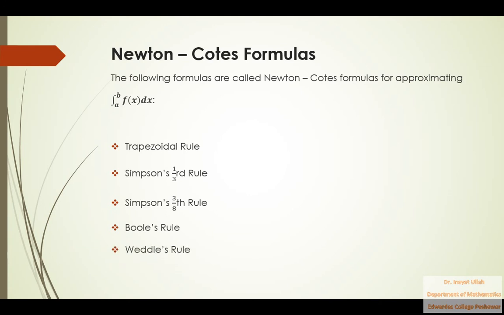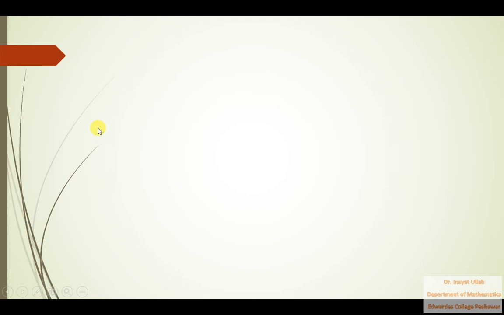So in this chapter we will deal with all those 5 techniques to find the numerical value of this definite integral. All those 5 formulas will be used to find the approximate value of that definite integral. First of all, we will discuss the trapezoidal rule.